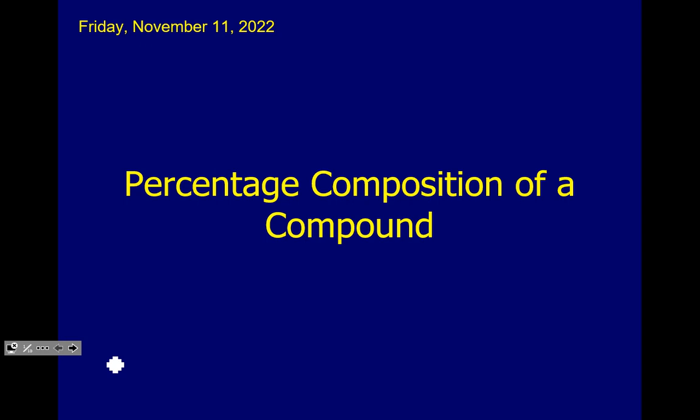So what we're doing here in this lesson is taking a step back historically to think about the way chemists originally thought of chemical compounds. Because the idea of atoms wasn't originated until the early 1800s with Dalton's atomic theory.